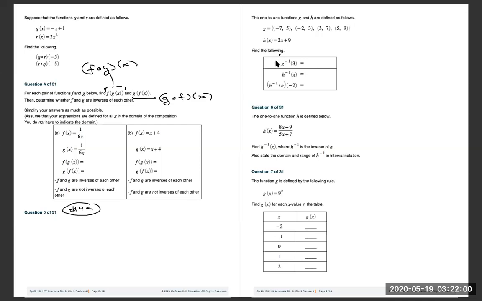Okay, let's do this in different colors. Let's keep f of x as 1 over 6x and g of x as 1 over 6x.